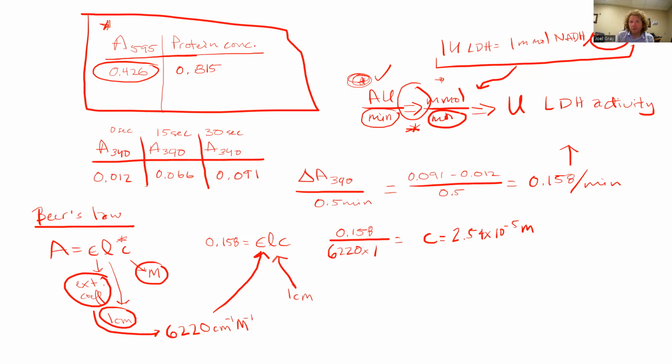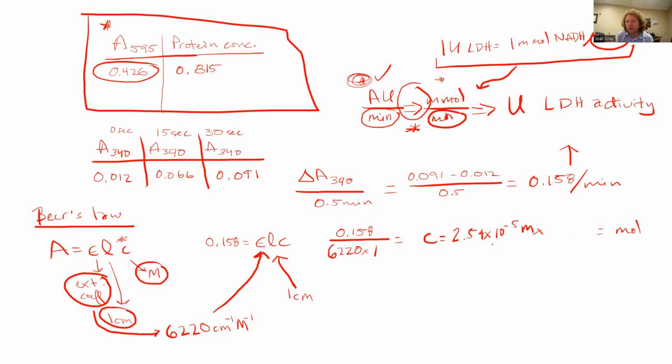If you're given a concentration and you want a specific quantity, going from molar to moles, you have to know the volume. We know the volume of our overall reaction: it was 1,000 microliters, or 1 milliliter. Everything was all mixed up. The volume in our cuvette was exactly 1 milliliter.